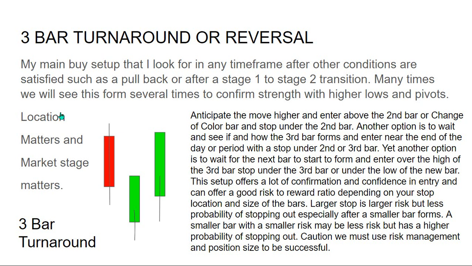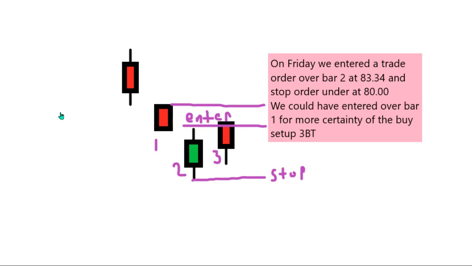This is kind of my main buy setup that I look for. I call it the 3-bar turn, the 3-bar turnaround. Again, this has a great deal to do with location, timing, and other factors for this to actually work, but I use it all the time. So this is an example of a 3-bar turn, where to enter, maybe where to place your stop.